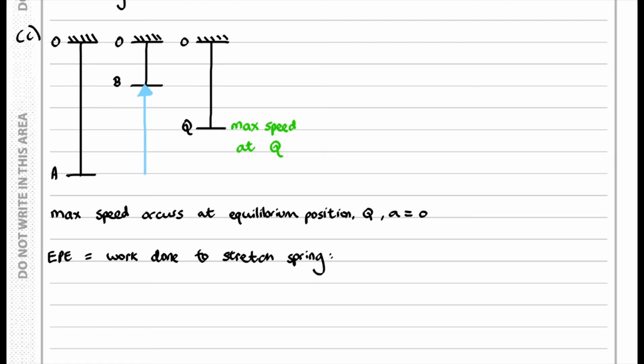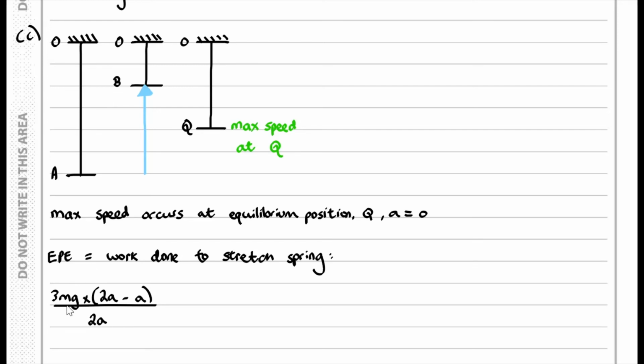So if we use that, we've got the elastic potential energy at this point A. You'd find that to equal 3mg times (2a minus a) squared over 2a.